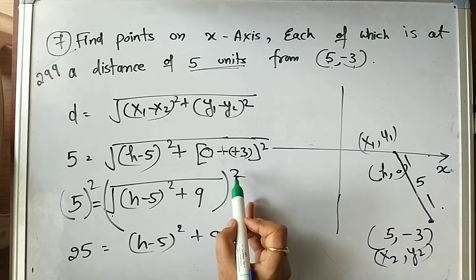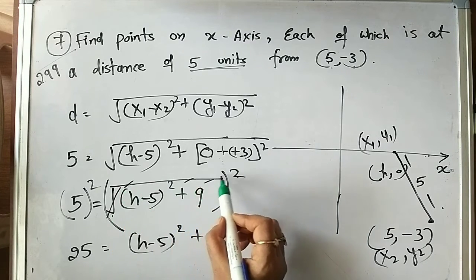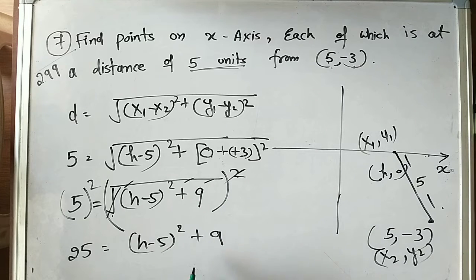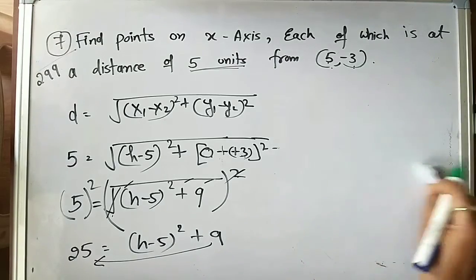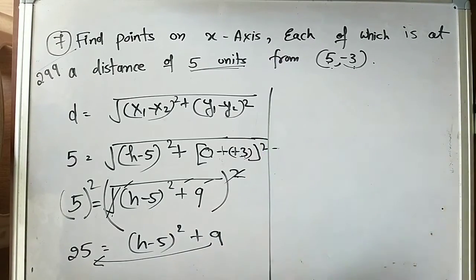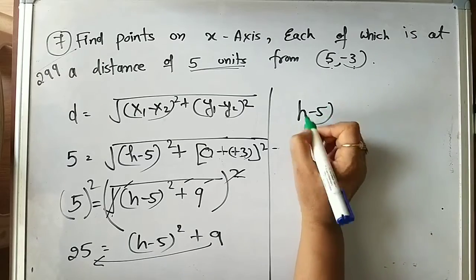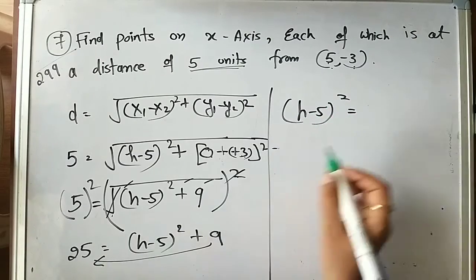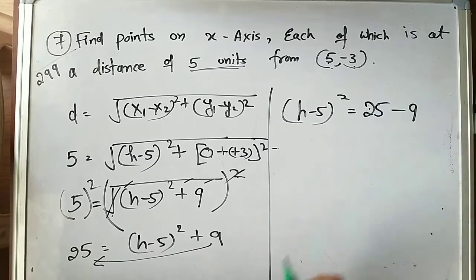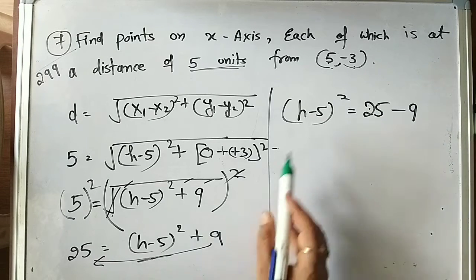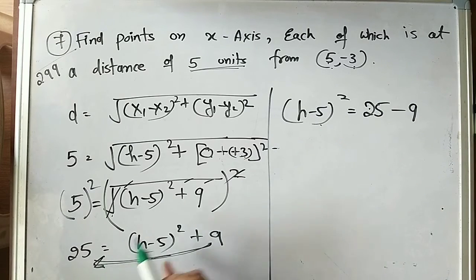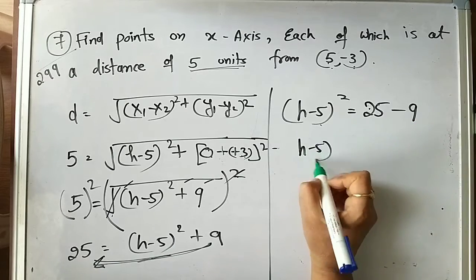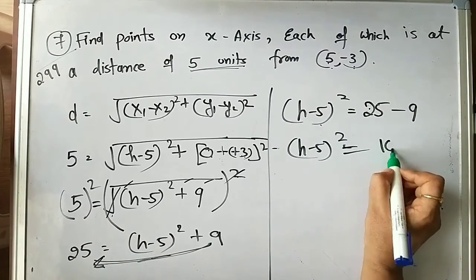Because of this square, this root is gone. Now this 9 can go there, becoming minus. So my equation will become h minus 5 square is equal to 25 minus 9, so h minus 5 square is 16.